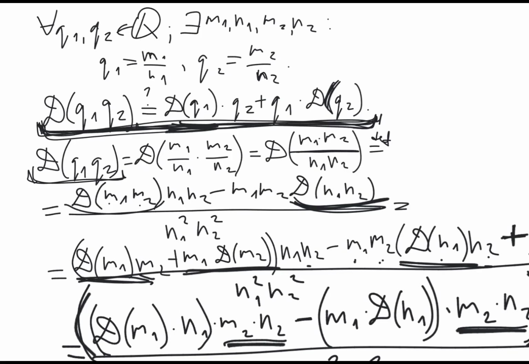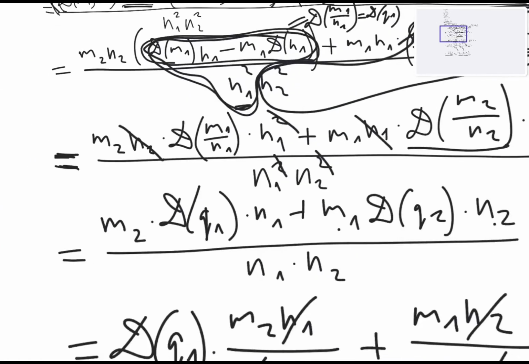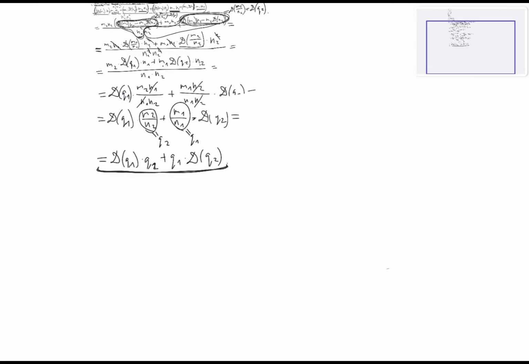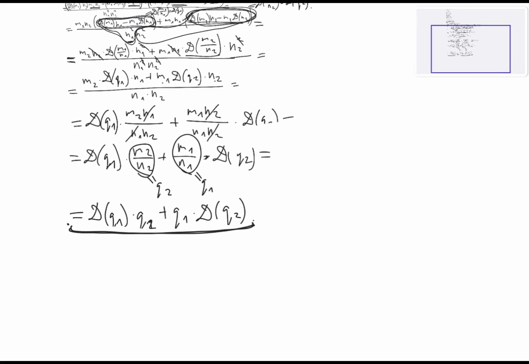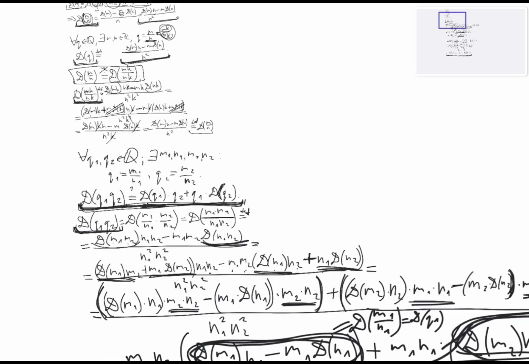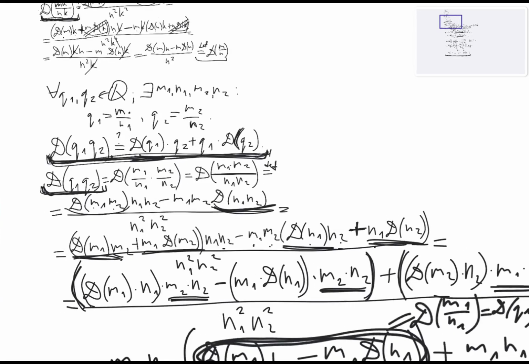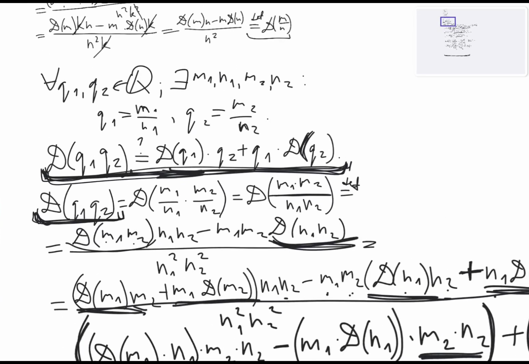So we started from d of q1 q2, and we arrived here at this. So when we look at the beginning and end, this is exactly the product rule for q1 and q2. This one that we needed to prove.